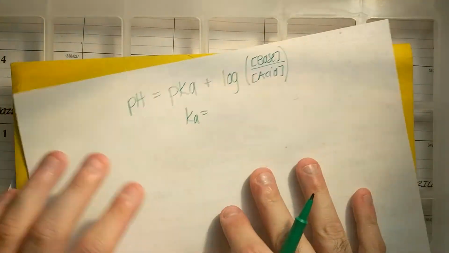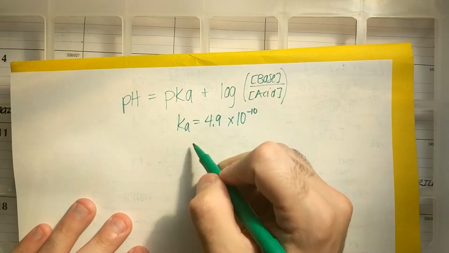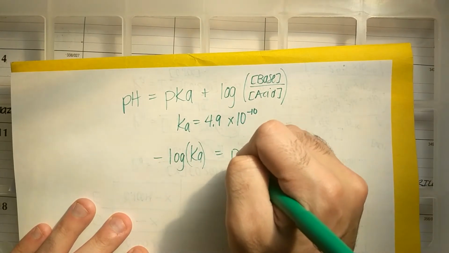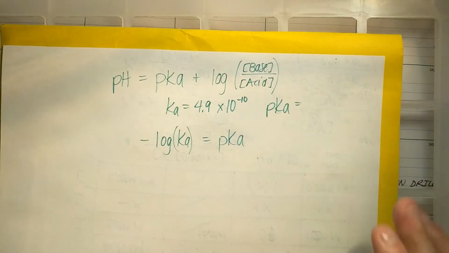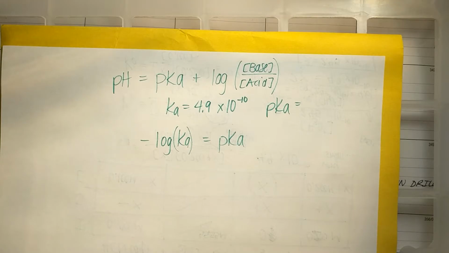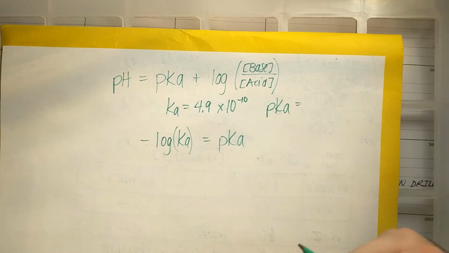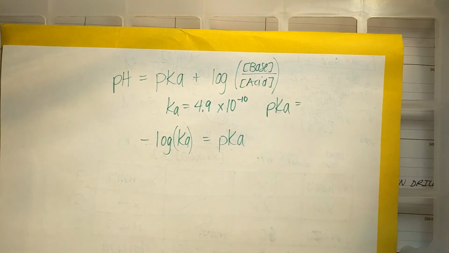Okay. Now I know that my Ka is equal to 4.9 times 10 to the minus 10th. The pKa is the negative log of Ka. We use pKa as a simplified way of figuring out whether an acid is stronger or weaker, because it's a mouthful to keep on saying 4.9 times 10 to the minus 10th, but it's easier to just say pKa.